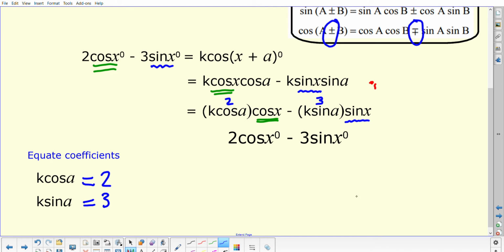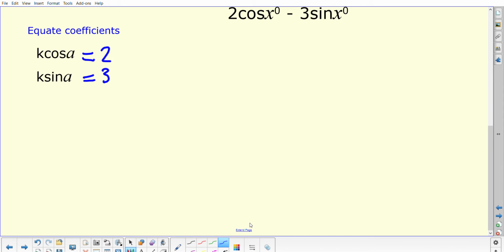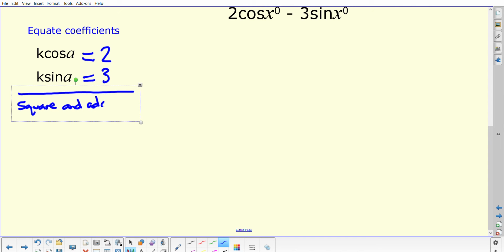Once you've done that, you're then on to finding your values for k and a. So here, as always, my procedure is that to work out the value of k, what you're doing with these two equations is squaring and adding.